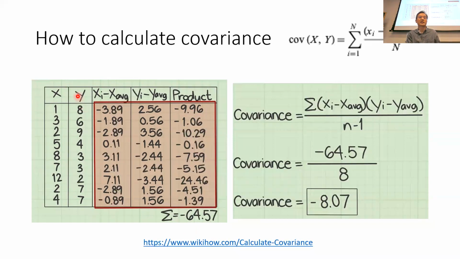If you replace Y with X, you are actually computing the variance of X itself, right? So in the same way, that's covariance. Covariance has a sign, positive or negative.